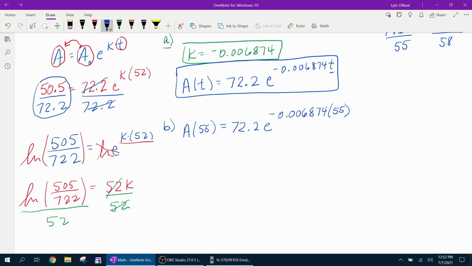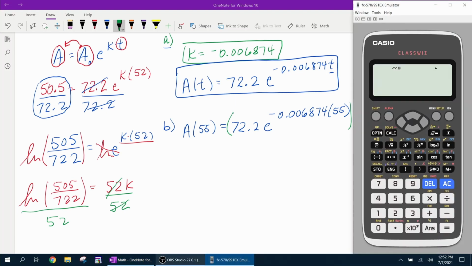Replacing t with 55, and then whatever this calculates to be is going to be the percent of people married in 2015. And again, we're going to use our handy-dandy calculator for that. 72.2 shift ln e to the negative 0.006874 times 55. If you want to put parentheses, you can, but it's easier to just say times 55.